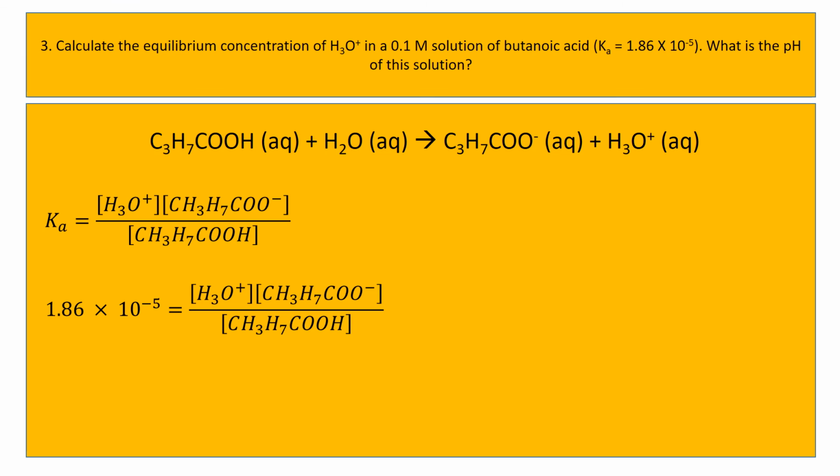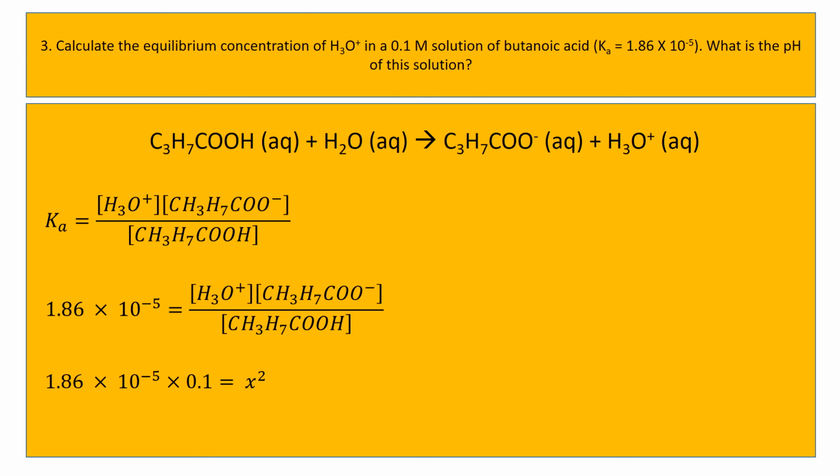I've already got a value for my acidity constant, 1.86 times 10 to the minus 5. I've rearranged the equation there. All I've done is moved the concentration of butanoic acid to the left-hand side of the equation because we know that is equal to 0.1.